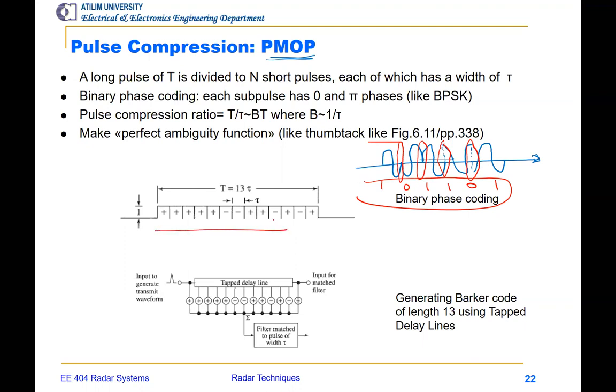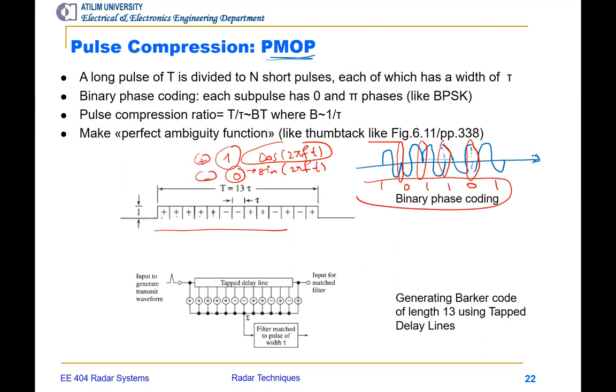Here, for example, we have a binary phase modulation on pulse, so there are two phases, plus and minus, let's say cosine and sine. Same frequency, I just transmit cosine for binary 1, and sine for the other binary value, so plus and minus, simply.